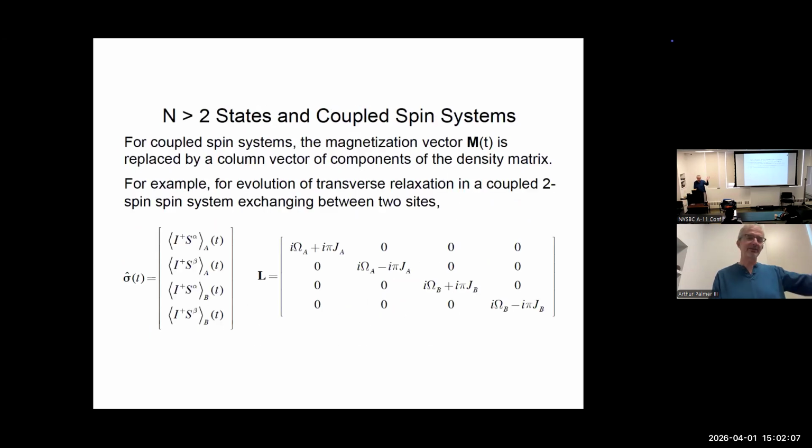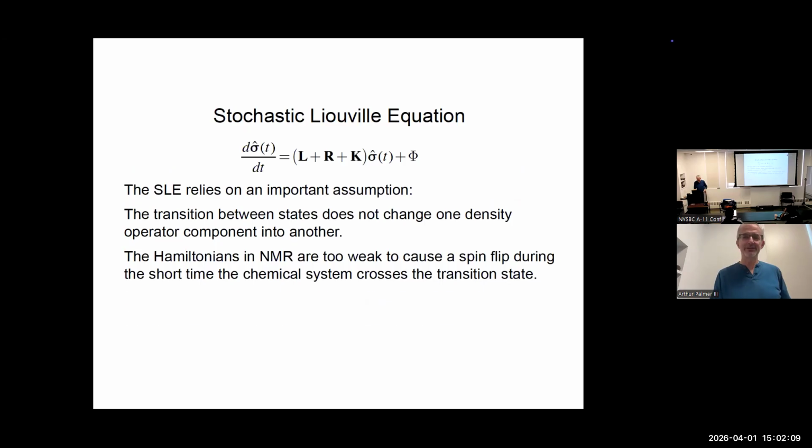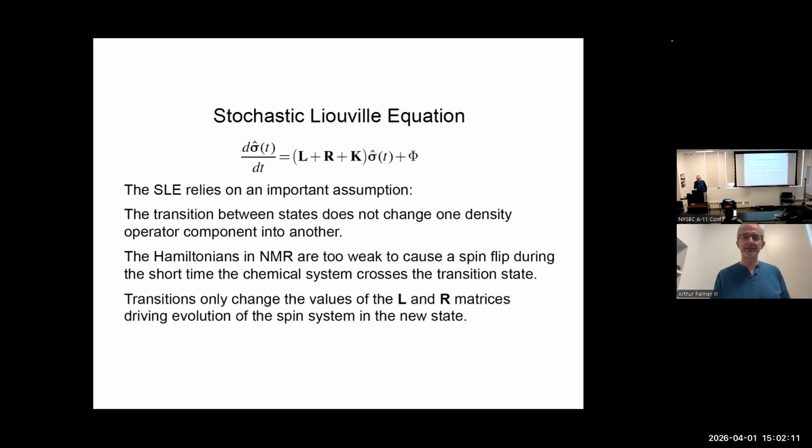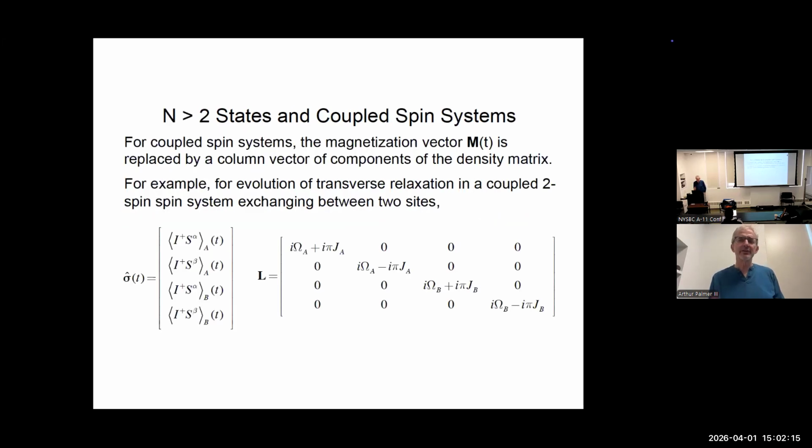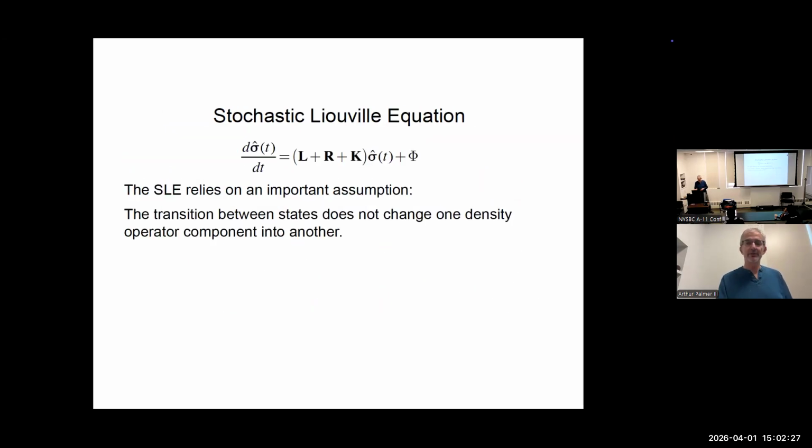We can expand the matrices. It's just a bigger matrix of calculation. If we start to include things like scalar coupling into our matrices to take more and more realistic spin systems into account, there's an important assumption.